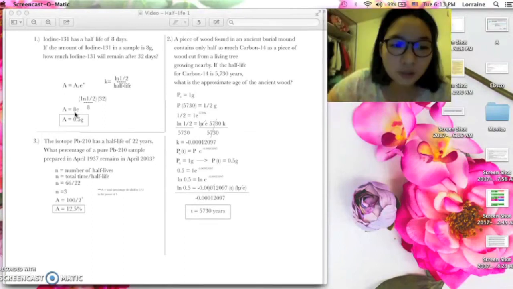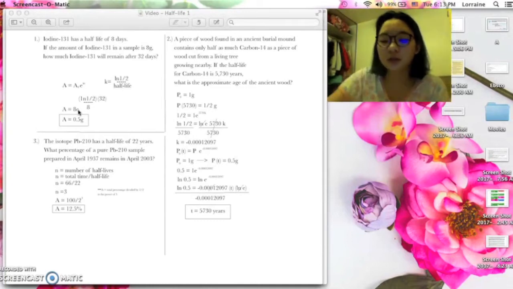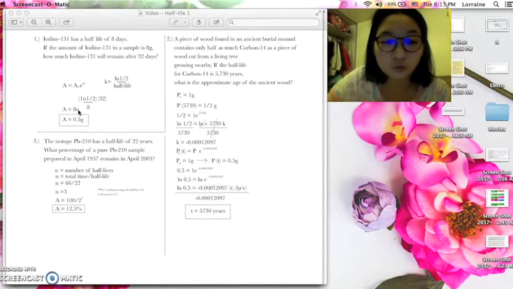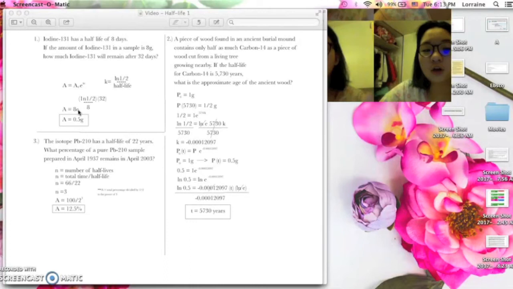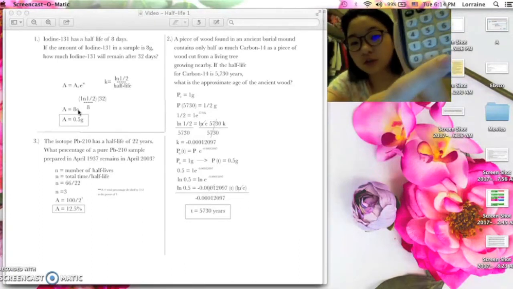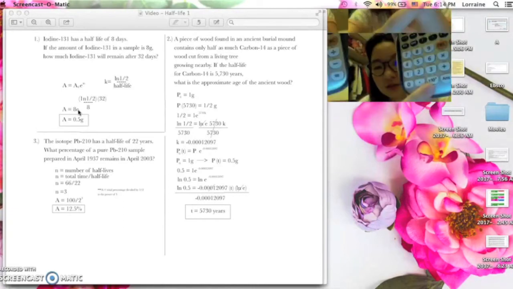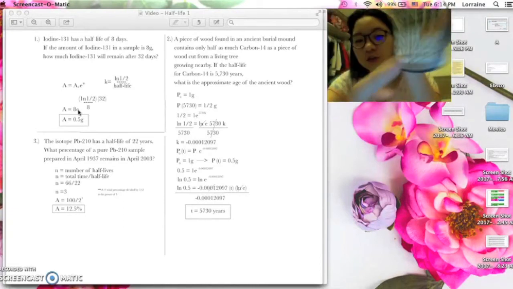And then e is a constant, where e is equal to 2.71828. But in the calculator, you can just type e by pressing alpha and this button here.